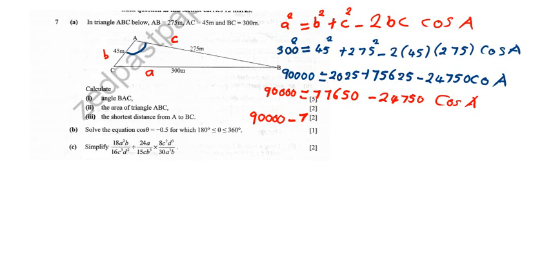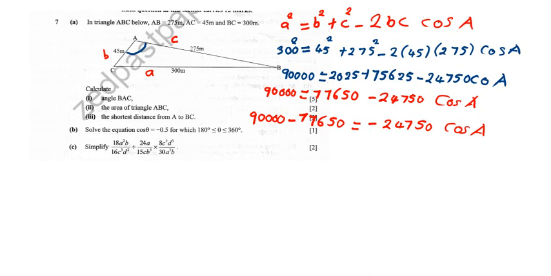It will be 7,650 is equal to negative 24,750 cos A. So we subtract 90,000 minus 7,765.